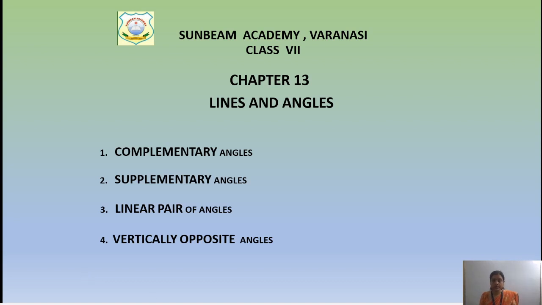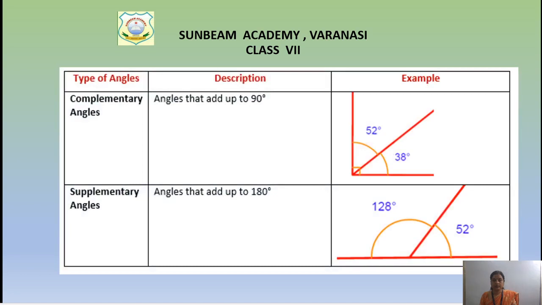Let's see through an example. See, the first type is complementary angles. When the angles add up to 90 degrees, then it is called complementary angles. Let's take any 2 angles. Okay, they have taken 52 and 38 degrees.